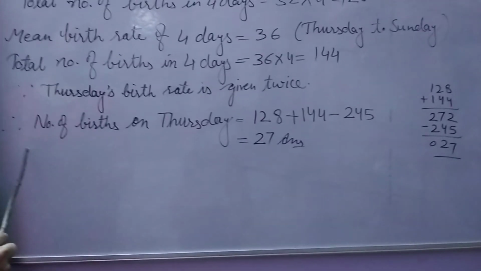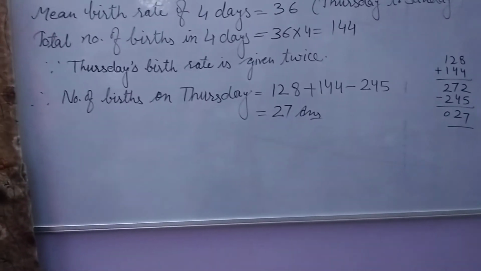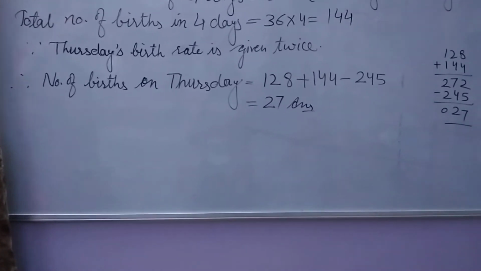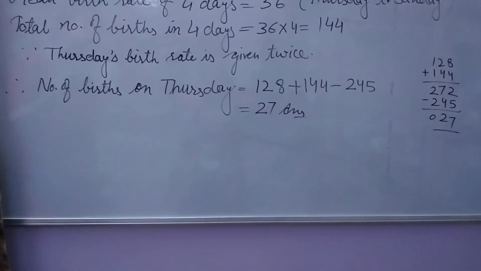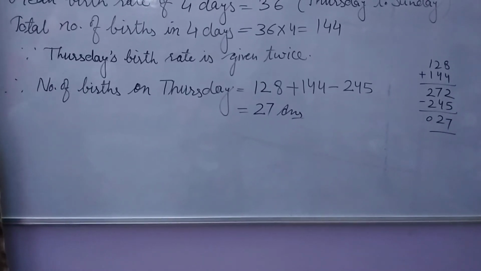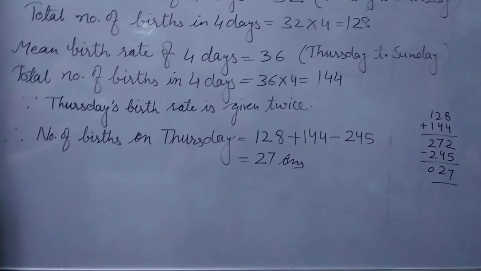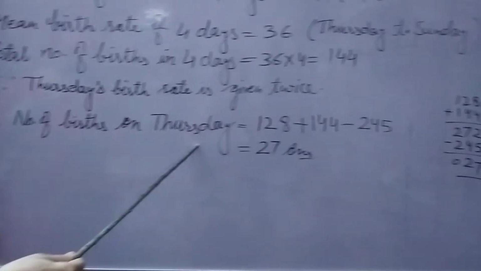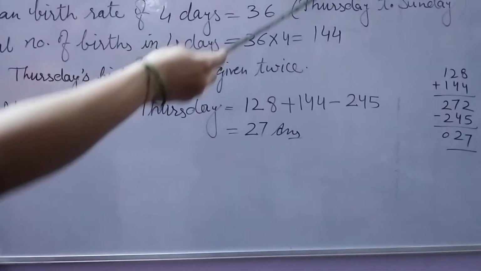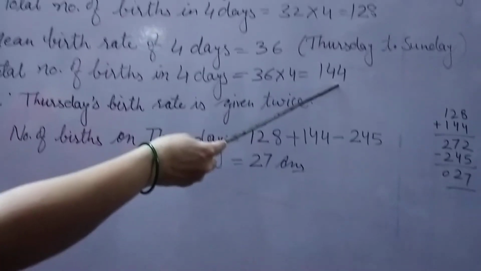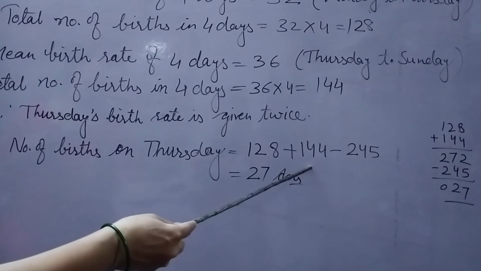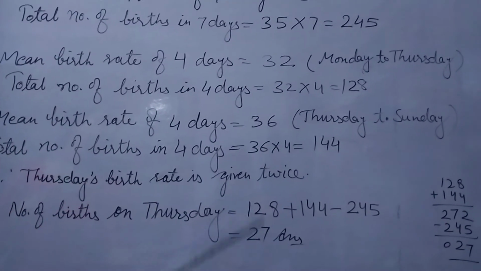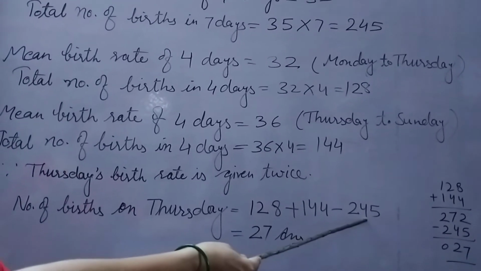Here it is asked to find the number of births on Thursday. You have to find the number of births on that particular day. To find the number of births on Thursday, you will add these two and subtract this, means out of 8 days you can subtract this.